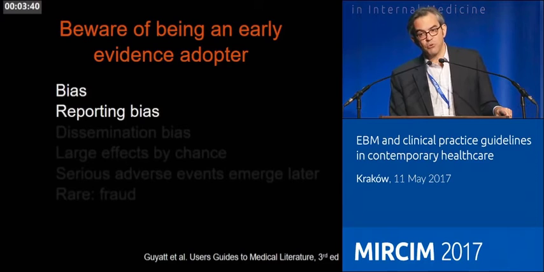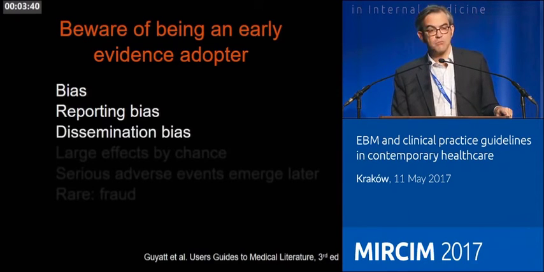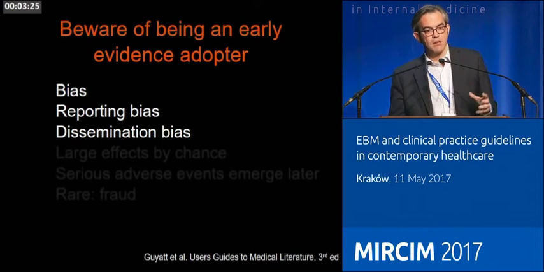There are problems also of reporting bias and dissemination bias, by which the results that are positive and spectacular will make it to the press, be it the lay press or the medical press, faster than trials that may provide a more boring result. So when you look at the body of evidence, you can see those two combined, and you get a maybe more balanced sense of what's going on.